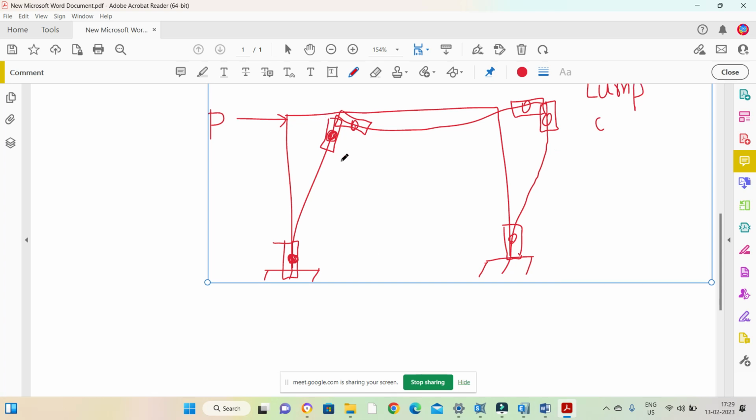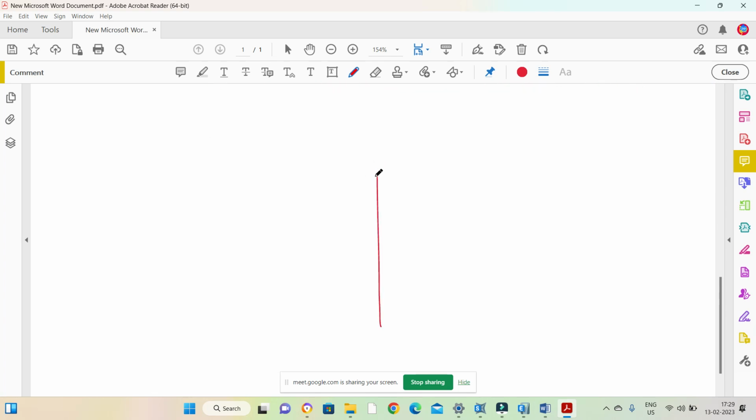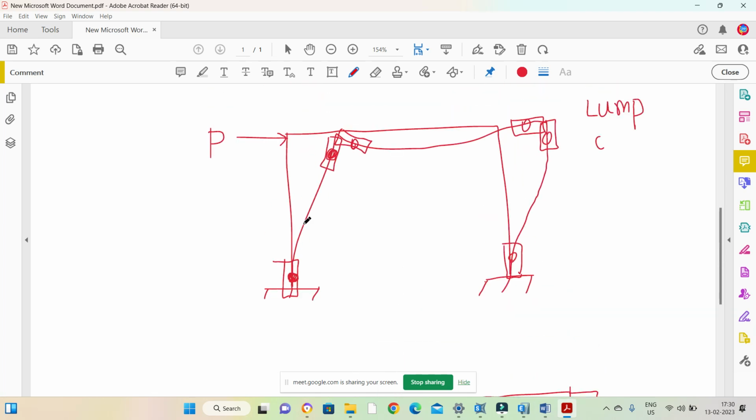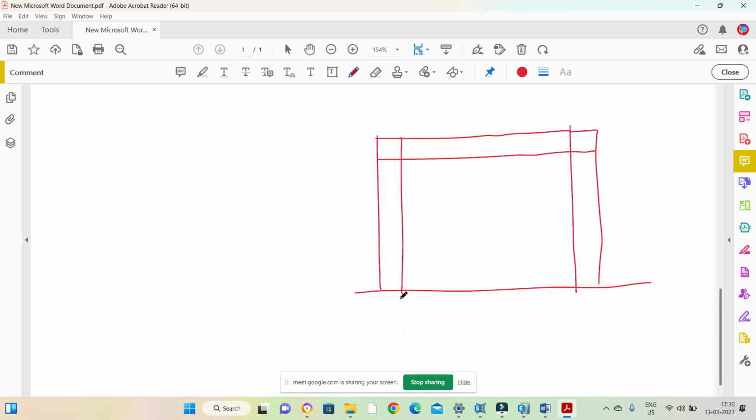Now instead of this one, if I do like this, so these are the columns, and this is the beam. Now instead of concentrating the failure, means expected failure at a particular point or particular region, I want to consider this whole length. It means I am assuming that the failure can occur at any point.